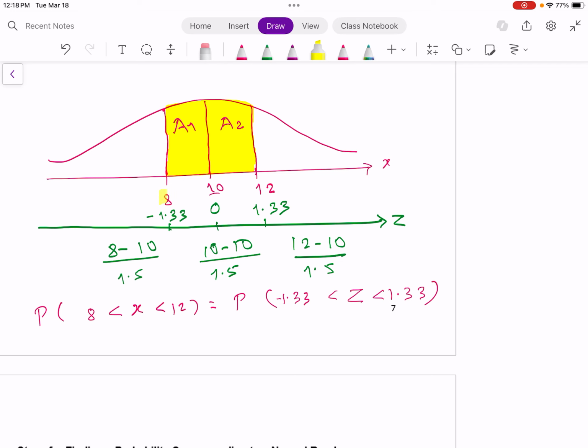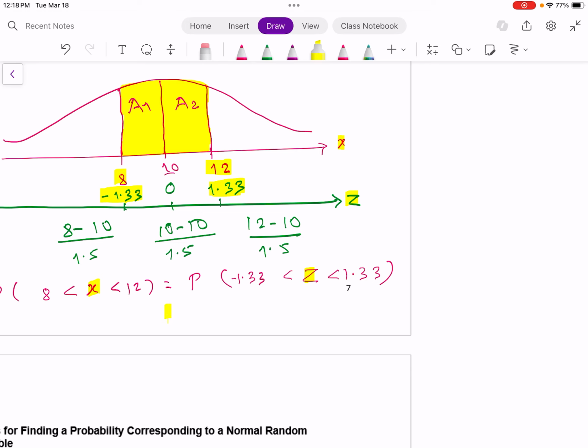Because 8 is the same as negative 1.33, and 12 is the same as positive 1.33. Make sure to change the variable from x to z. So we are rewriting our x in terms of a standard normal variable.